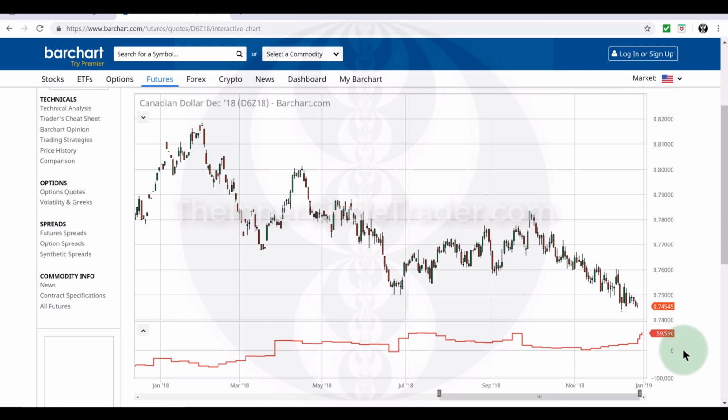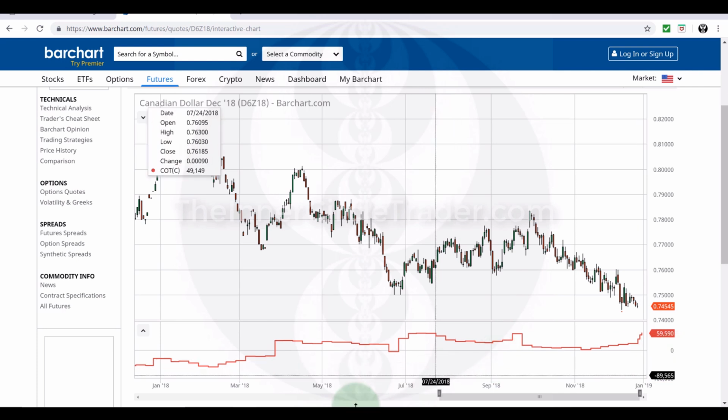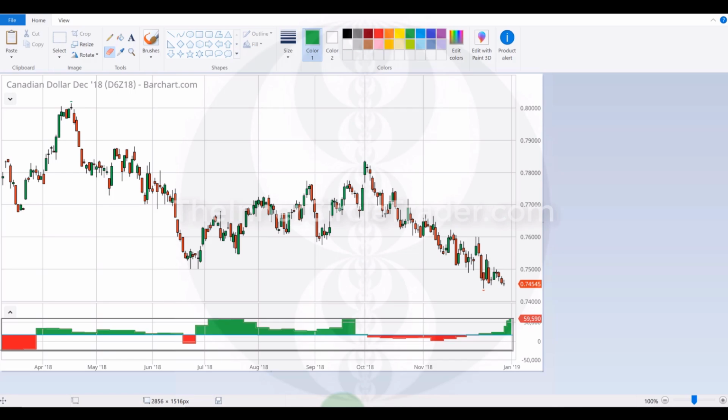So by removing the perspective of looking at it like this, whether it's above or below the zero line, I create my own zero line by taking the highest range and the lowest range of the commercials' net positions, and I treat it like an overbought, oversold. Then I split that range in half. If we're above or below that new zero line, it gives me a clear idea of whether I should be bullish or bearish on that market. So once you do that, you end up with this.